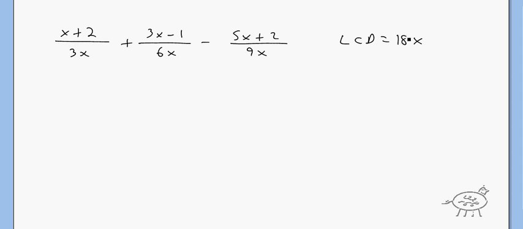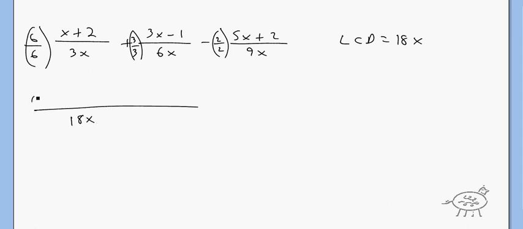So there we go. LCD is 18x. So I'm going to multiply this one by 6 over 6, this by 3 over 3, and this by 2 over 2. All right, so I'm going to write on the bottom 18x, and I'm just going to write everything out here. 6 times x plus 2, plus 3 times 3x minus 1, minus 2 parentheses 5x plus 2.